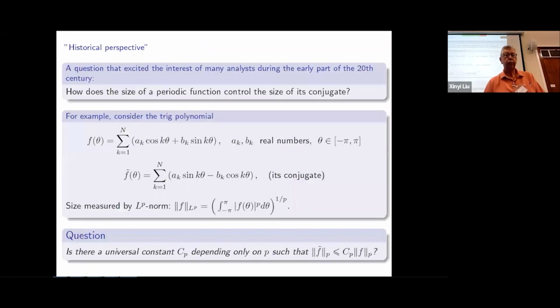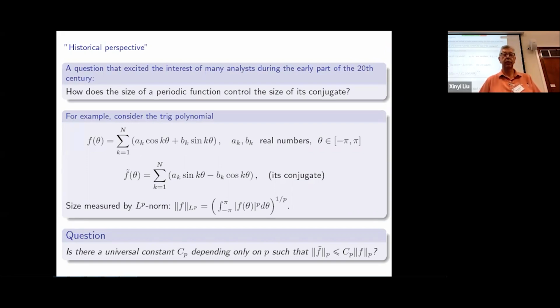The problem we wanted to look at is a question that excited the interest of many analysts during the early part of the 20th century. How does the size of a periodic function control the size of the conjugate function?